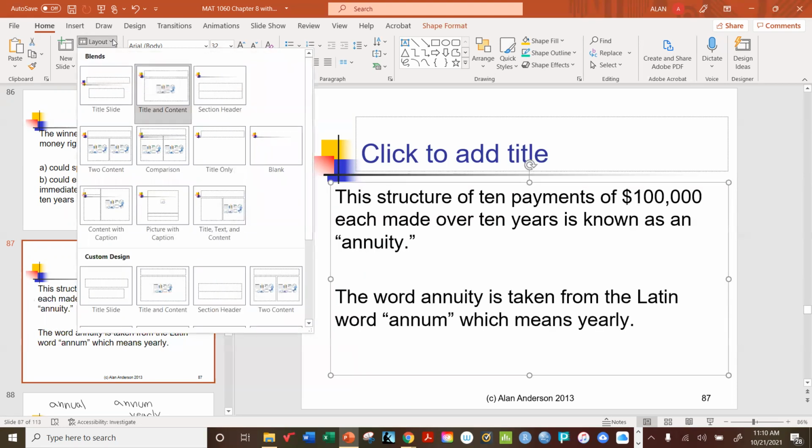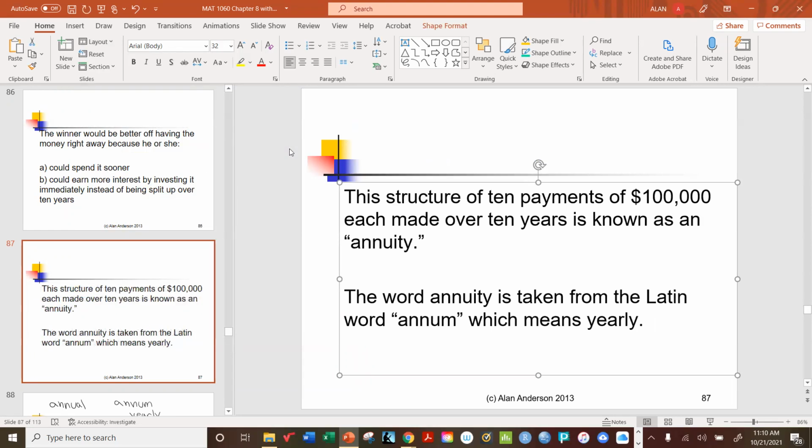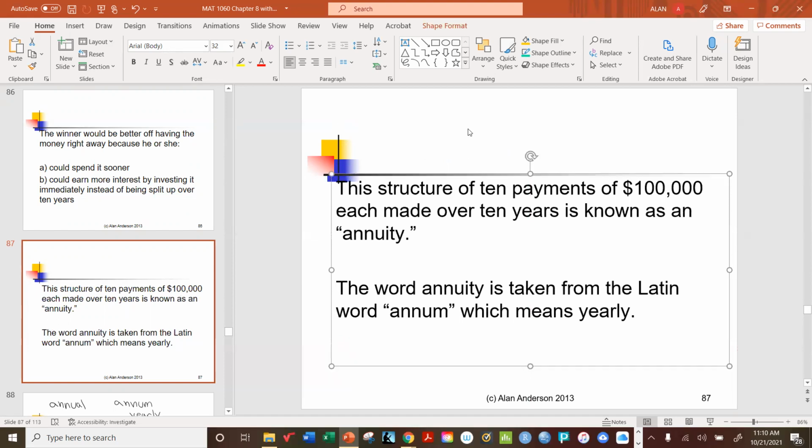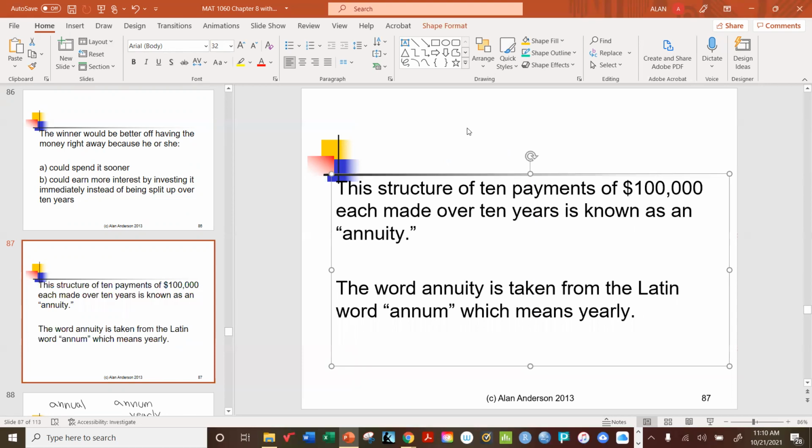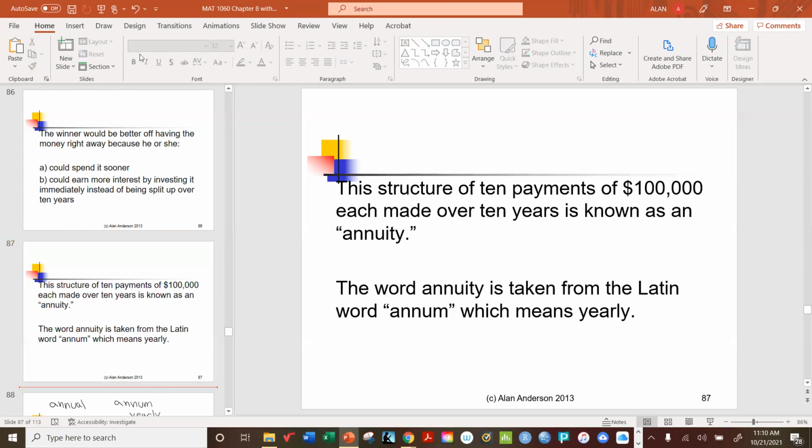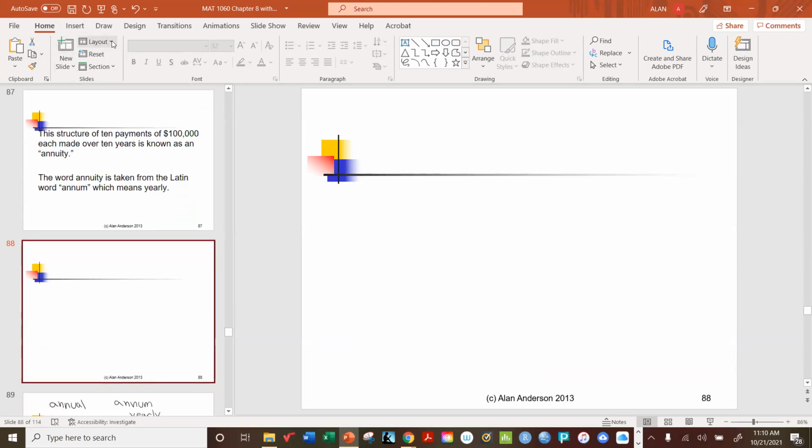So for some types of situations, instead of having a single sum of money that you're trying to save or invest, you might find yourself saving or investing an annuity. Now, let me show you another example.